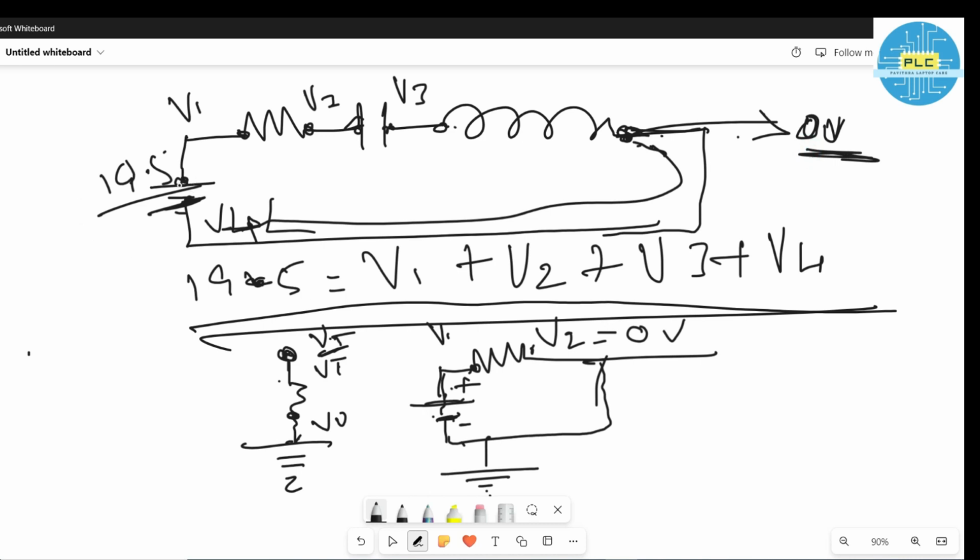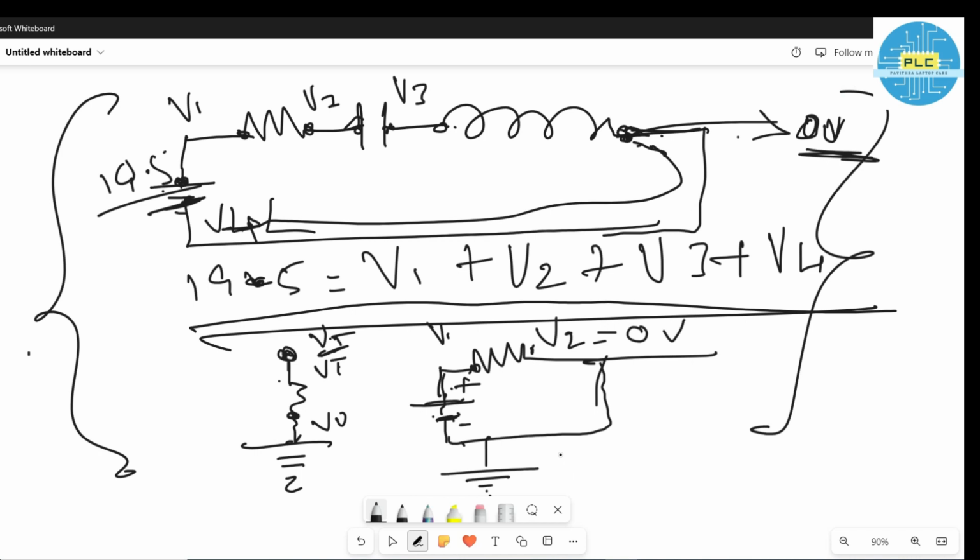Up to the first component, the voltage will be the same as the first. Understood? This is very, very important. Please don't forget. I will tell you again and again in each video. Okay, today's topic is only this much. In a circuit, the voltage will differ with each component.